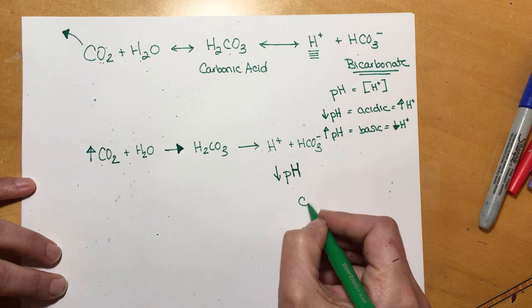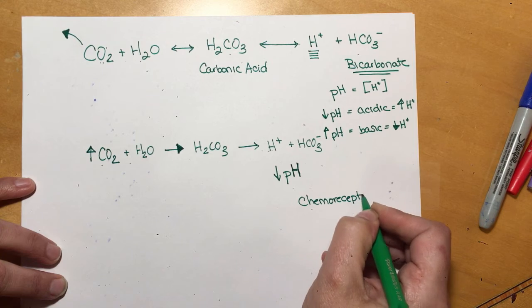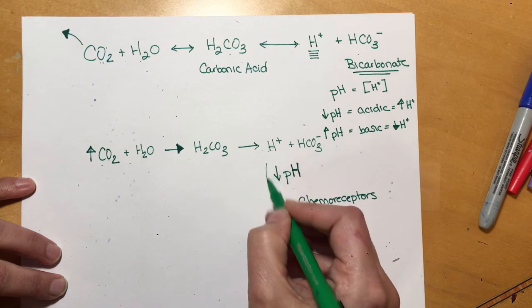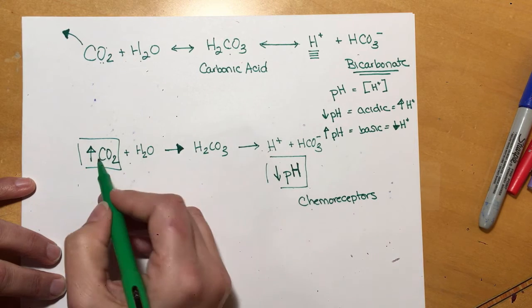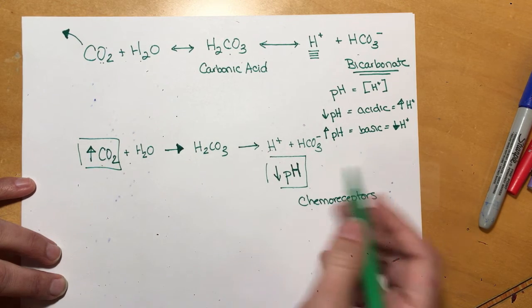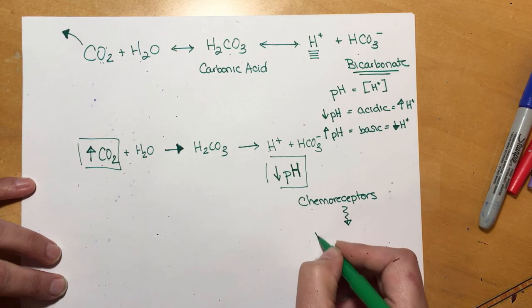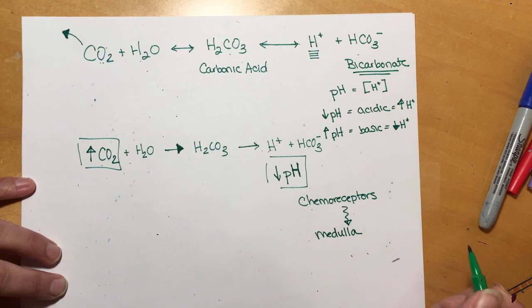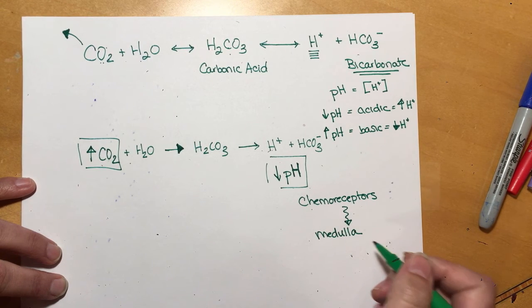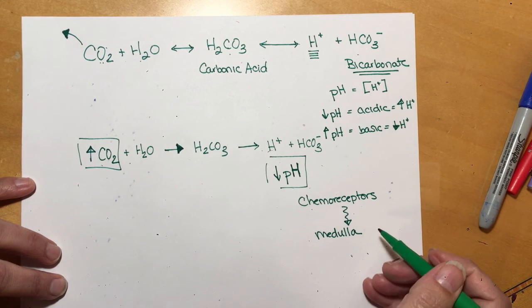And remember, we have chemoreceptors that are there to monitor the pH and the CO2 of the blood. And when it sees CO2 going up and pH going down, the chemoreceptors are going to signal the medulla and tell the medulla that there's an issue with the chemicals of the blood, with the pH and CO2 levels of the blood.